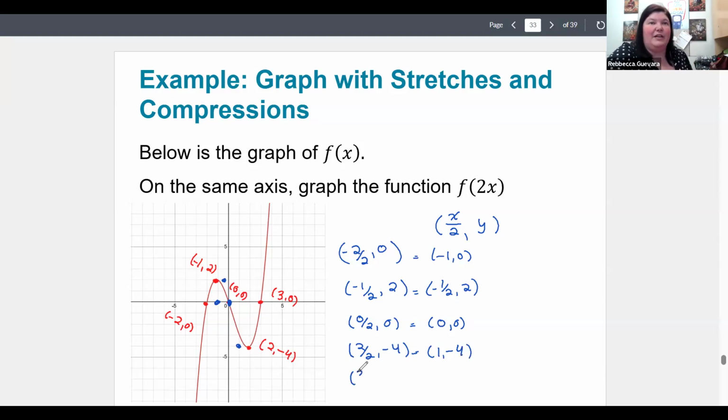And then the last one, we have a 3, 0. So the x component gets divided by 2. I don't think I have to rewrite that one, but that's 1.5 and 0. So this moves into here. All right, I might not draw the line all the way down.